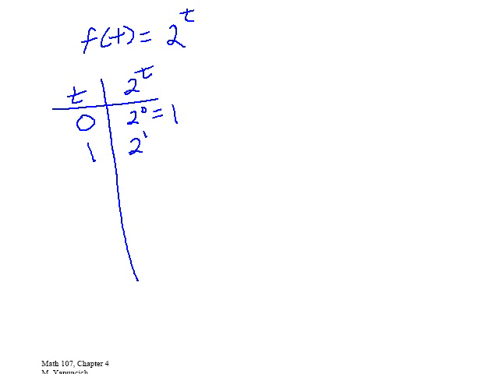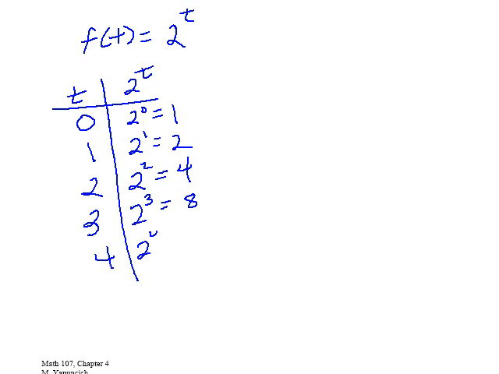When it's 1, it's 2 to the 1, which gives you 2. When t is 2, I have 2 squared, 4, up 3, 2 cubed, that's 8, 2 to the 4th, that's 16. So because the base is 2, every time I move by 1 in the exponent, I double the amount that I have. I double from the previous answer. 1 becomes 2, 2 becomes 4, 4 times 2 is 8, 8 times 2 is 16. That's because the base is 2.